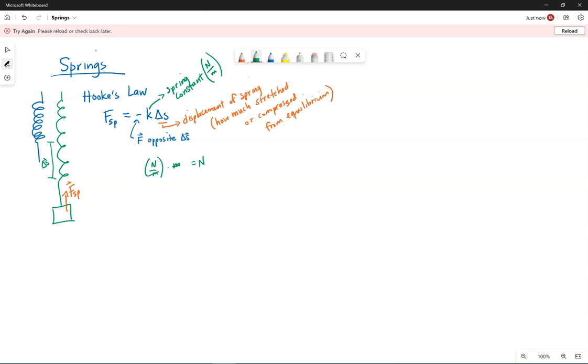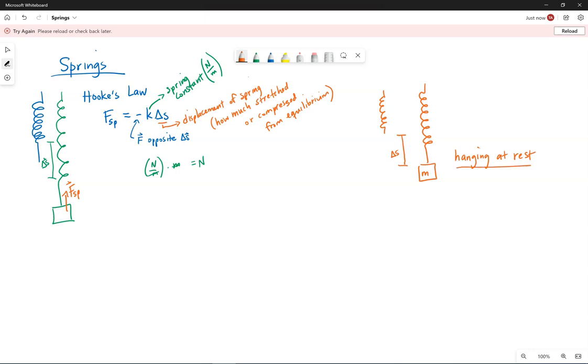All right, so let's say we had that original spring and I've hung a mass from it, and this mass is hanging at rest. We could calculate the spring constant if we were able to calculate the distance the spring stretched from not having the mass on it, and if we knew this mass.